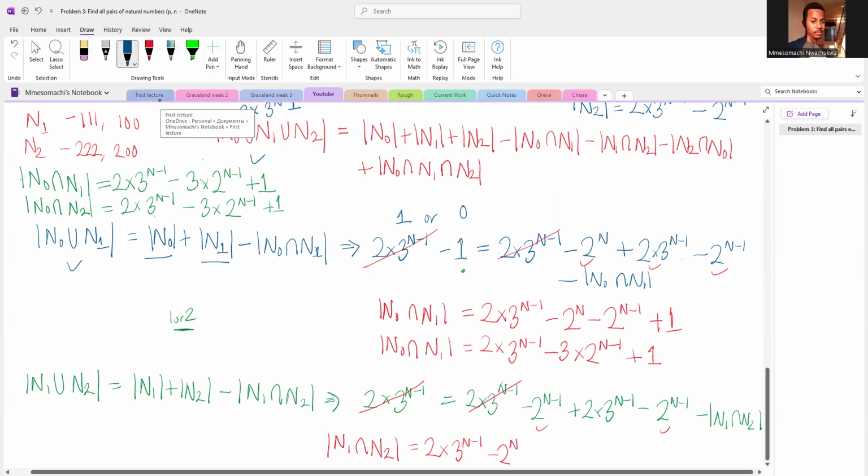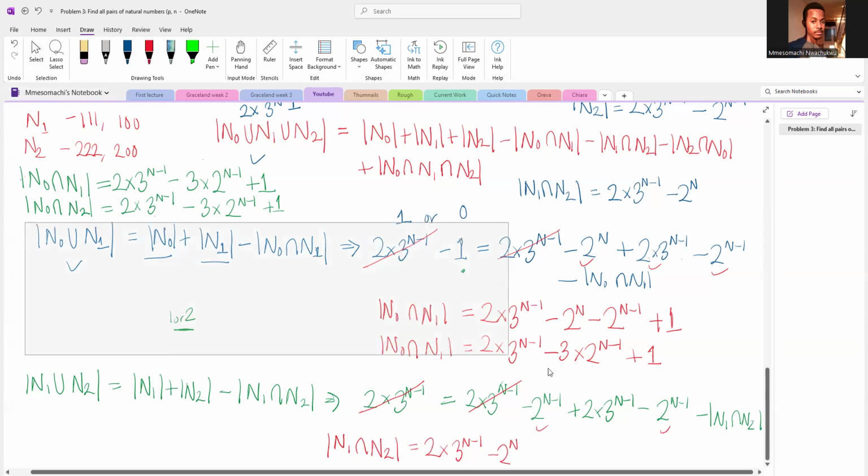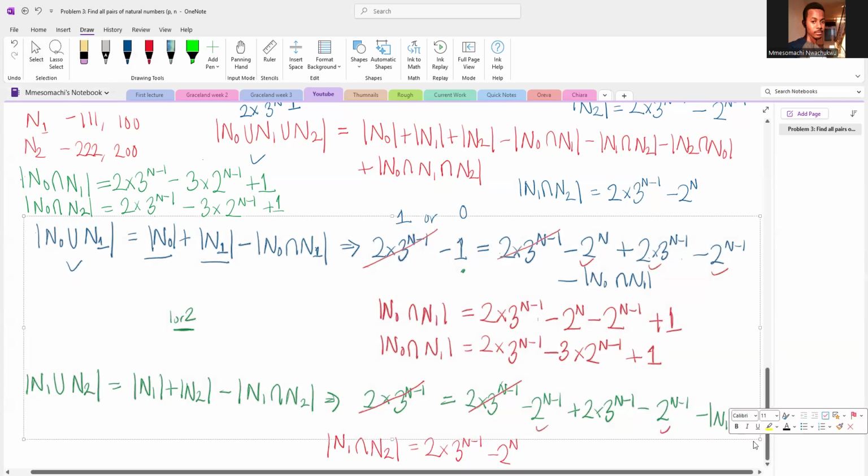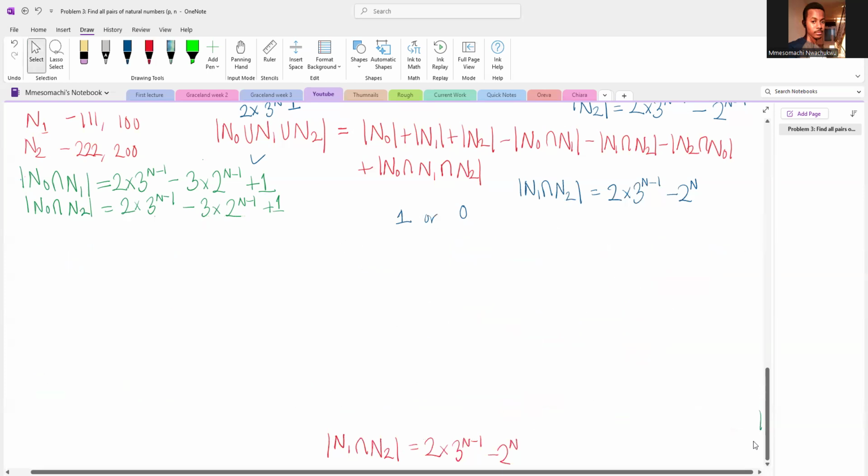So basically we have that N1 intersect N2 is equal to 2 times 3 to the power of n minus 1 minus 2 to the power of n. Okay, so let me erase this.